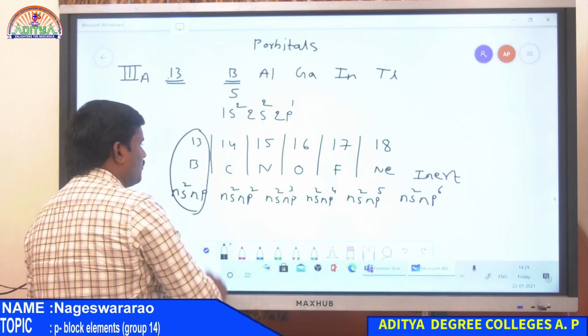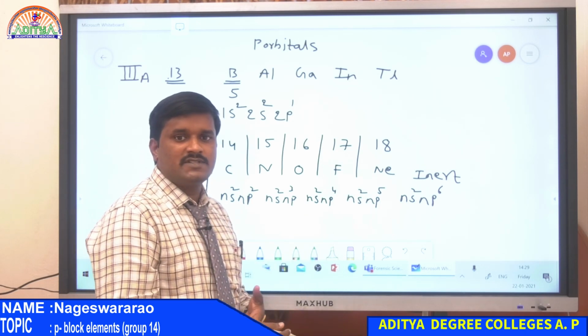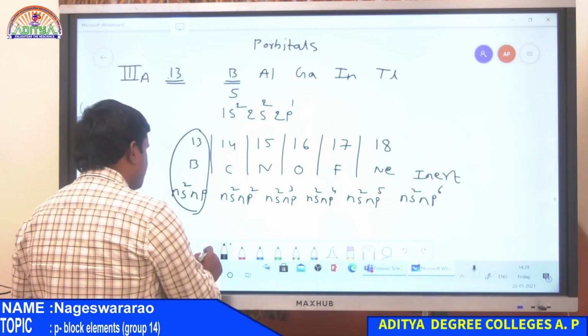The elements of boron, the general electronic configuration of the boron family, and physical properties.